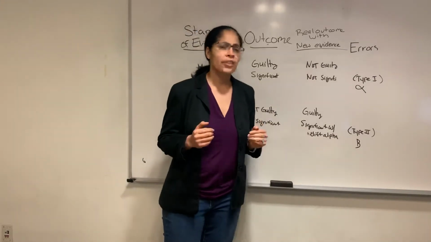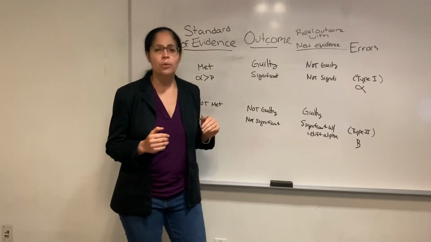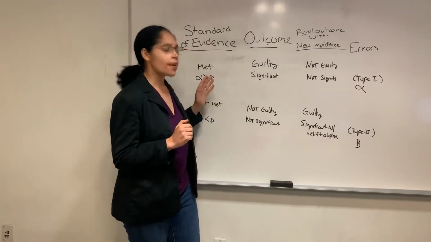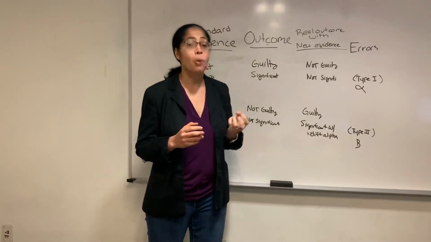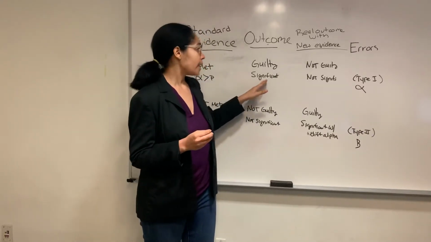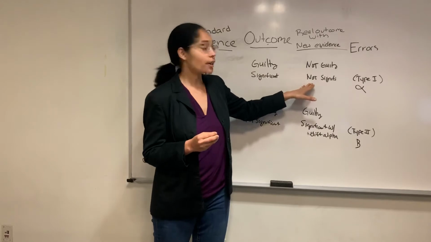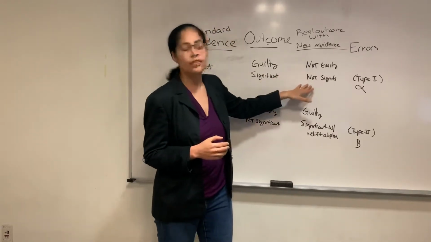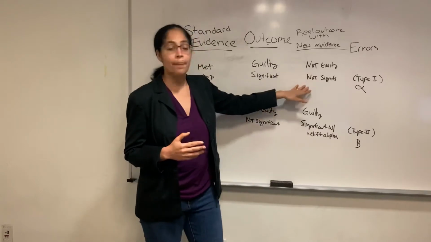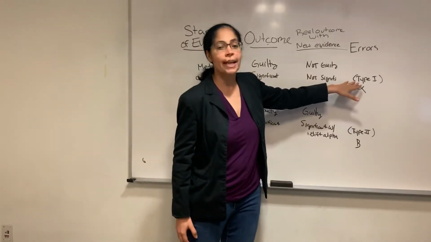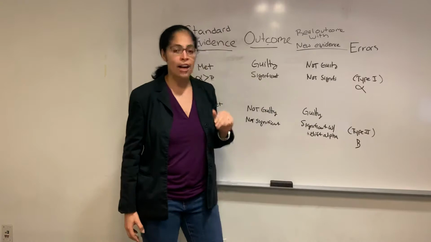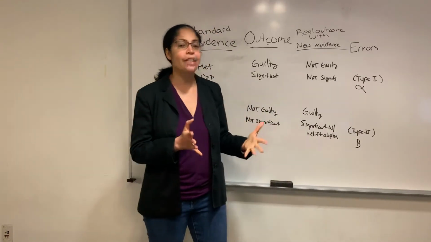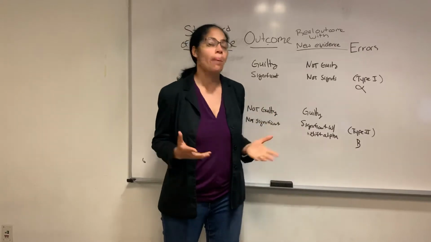But then let's say we think about changing our alpha, making it even smaller, so small that the p-value is no longer smaller than it. That could give us an outcome of not significant. And so the difference between significant and non-significant in this example, in terms of outcomes of hypothesis tests, is essentially a type 1 error. It's an error that occurs when a significant difference is actually not significant in the population.